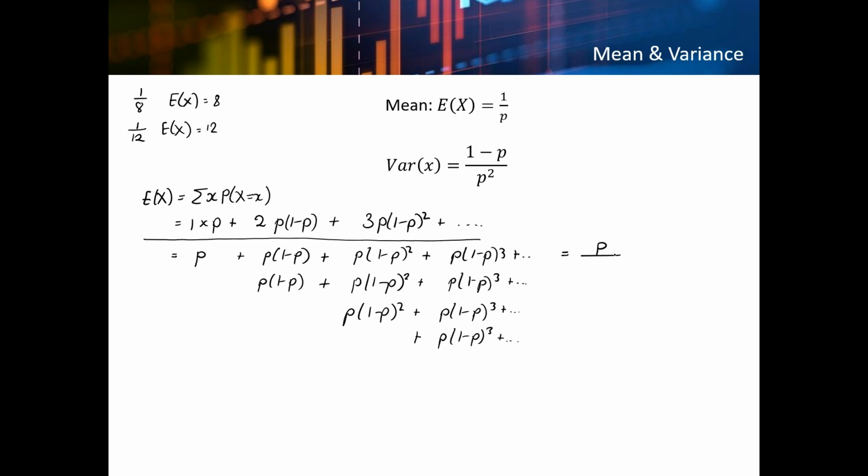The second one, I've got the same r value, so that's just p on the bottom, but my first term is p(1 minus p). So that's leaving me with 1 minus p as my second term here. The third one, my a is p(1 minus p) squared over that same denominator I've had several times now, so 1 minus p squared. And so on and so forth.